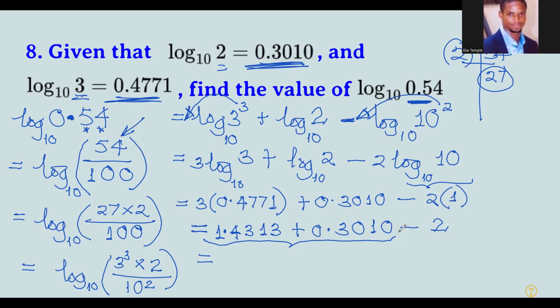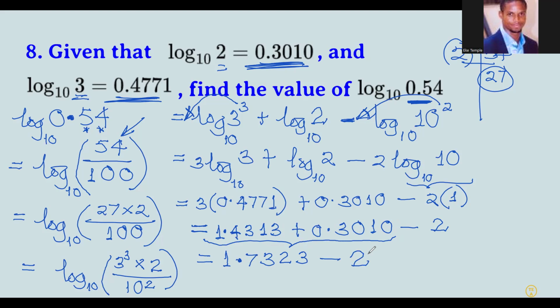Once again, I want to go with corresponding or equivalent digits. 0 plus the last 3 here, 3. 1 plus the 1 here, that's 2. 0 plus the 3 there, that's 3. And 3 plus the 4, that's 7. Decimal point position maintained. And 0 plus 1, that's 1. So 1.7323, now minus 2. Beautiful.